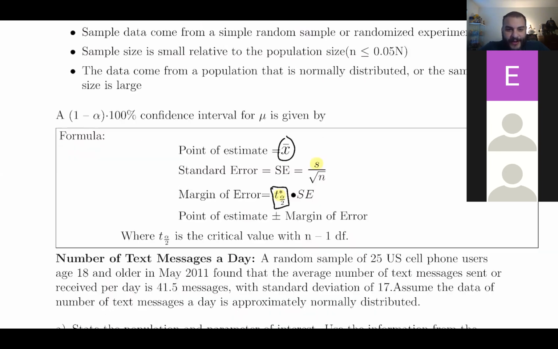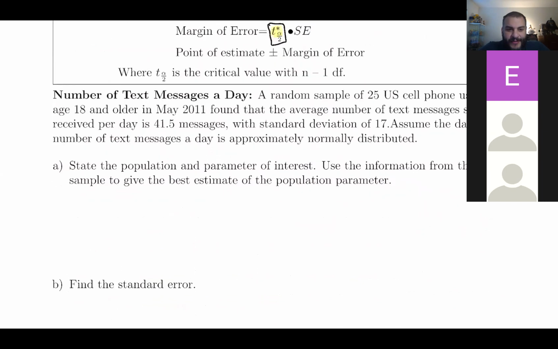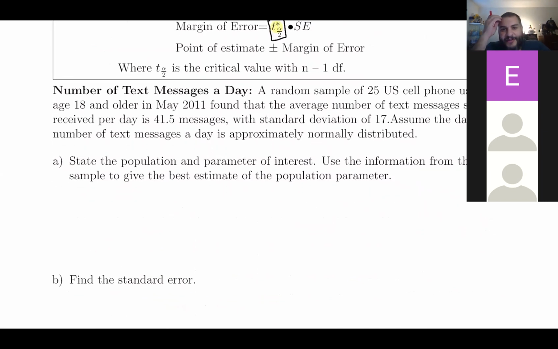All right, let's go ahead and do this problem. It says a random sample of 25 US cell phone users age 18 and older in May of 2011 found that the average number of text messages sent or received per day is 41.5 messages, with a standard deviation of 17.